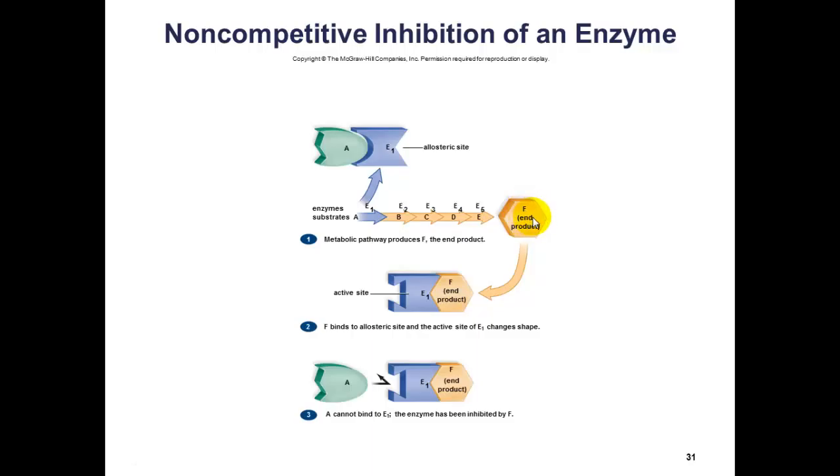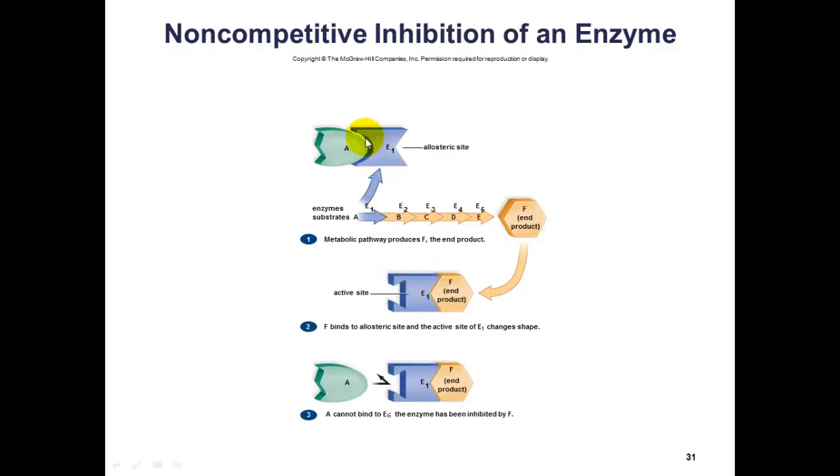Okay, now, once we have enough Fs, we want to turn this process off because we have enough. We don't want to waste using any more materials if we have plenty of F. So F, the end product, actually acts as the inhibitor or the cofactor for the pathway. So the end product binds to the allosteric site of the enzyme and changes the active site.